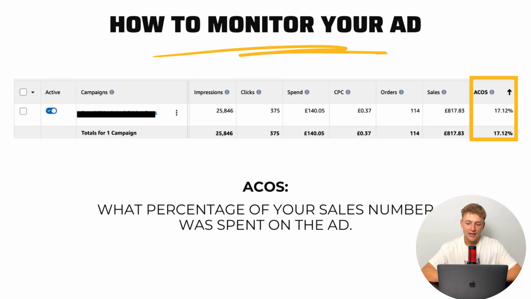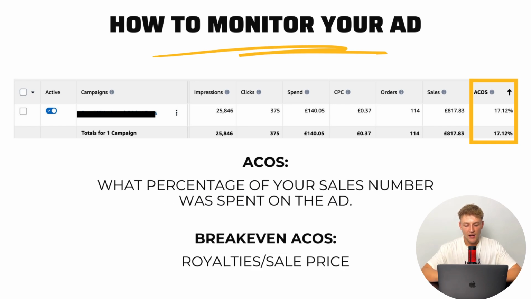So you therefore need to calculate your break-even ACOS. So this break-even ACOS will basically just tell me if the ACOS is above or below that will indicate if the ad is profitable. So that might be a bit confusing, so I'm going to break it down here. To calculate your break-even ACOS, you just need to divide the royalties you would get from a single unit sold, divide that by the sale price.